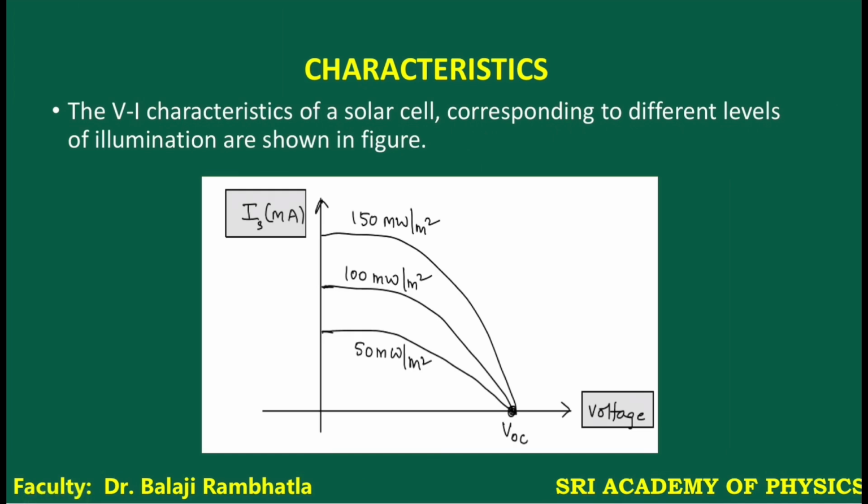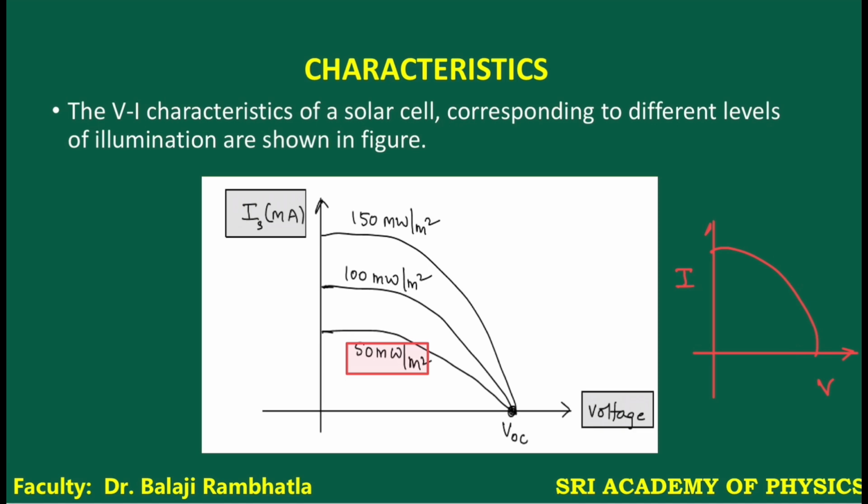Suppose we draw a graph of voltage versus current at different intensities. The graph appears like this.